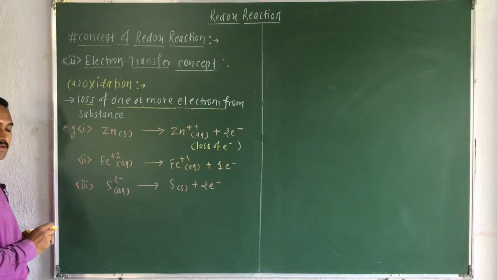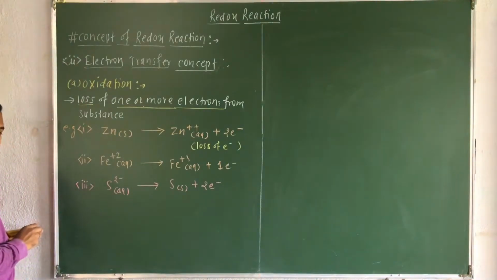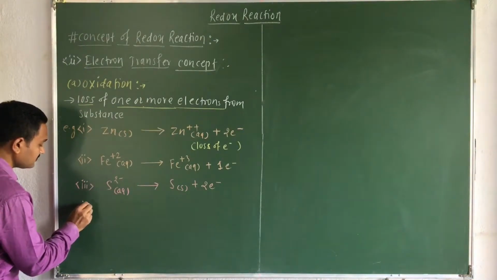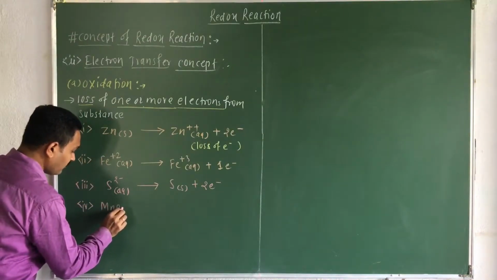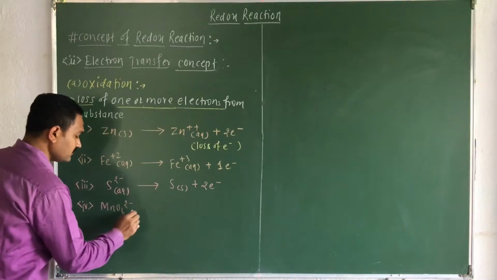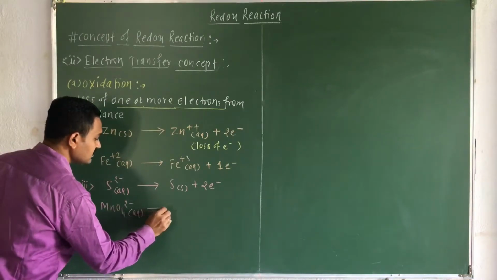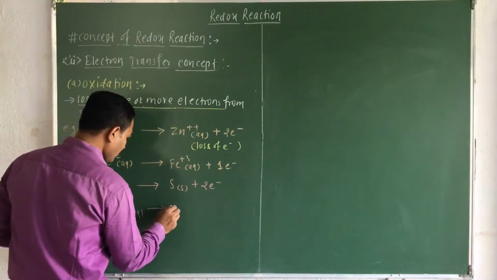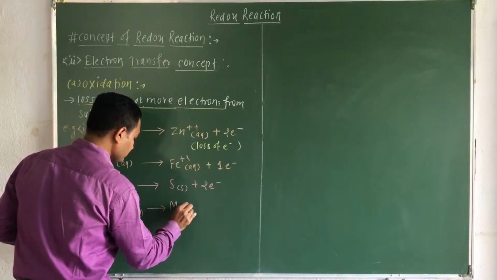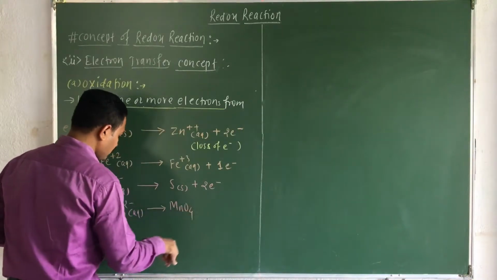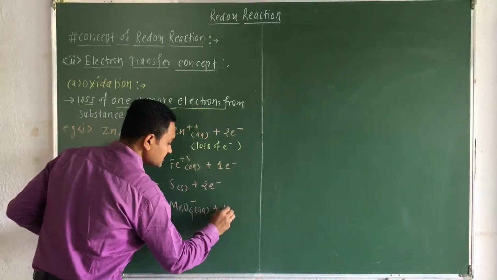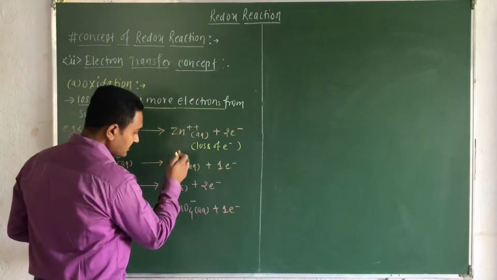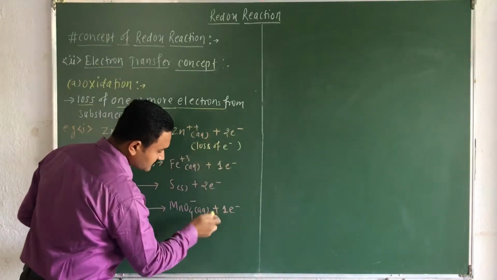The fourth example: MnO4 2- ion aqueous gives MnO4 - aqueous plus 1 electron. Remember, in all the examples there is a loss of electron.